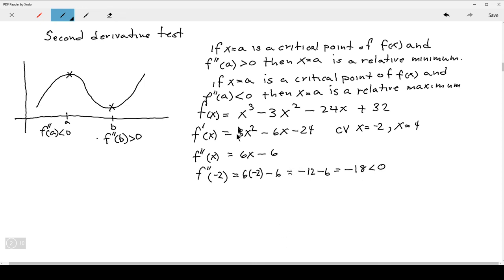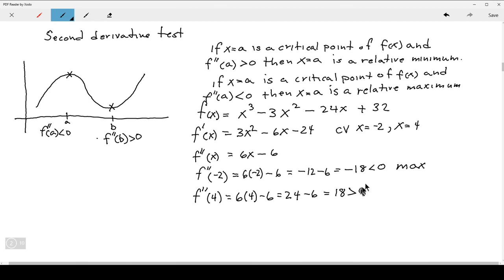All right, so if we go back to the second derivative test, x equals -2 is a critical point of my function, and the second derivative is negative at -2. That means -2 is a relative maximum. If I do the same thing for 4, f double prime of 4, then I have 6 times 4 minus 6, which is 24 minus 6, which is positive 18.